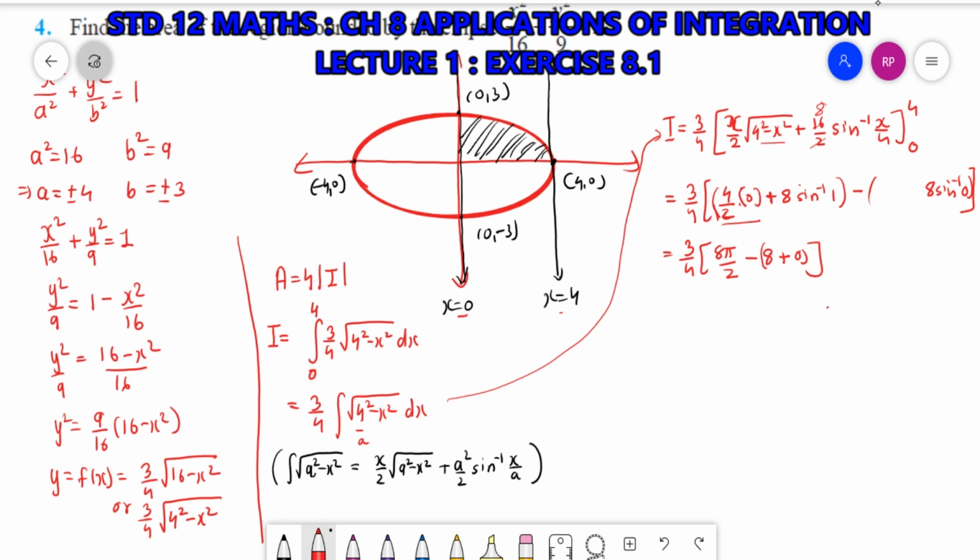It's 0 by 2, so whatever it will be, 0 plus. Okay, so let's change here. It will be minus 0 plus sine inverse 0, that is 0. So it will be 3 by 4 into 8 pi by 2. 2 ones are 2, 4 fours are 4, 4 gets cancelled, so this is equal to 3 pi.